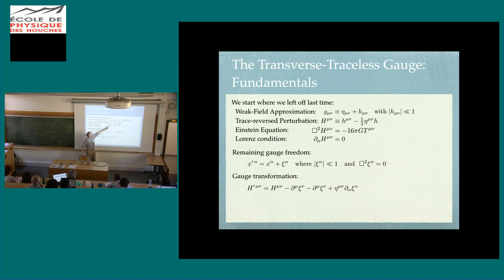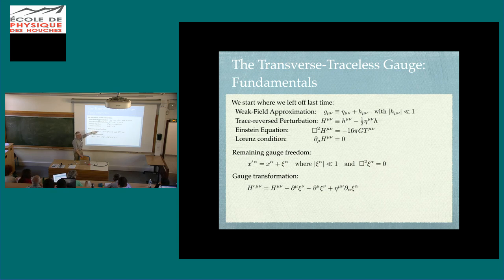Then the Einstein equation, as we saw last time, becomes this very simple equation. We're also going to apply the Lorentz condition, Lorenz without the T. Simultaneously solving these equations gives you the wave solutions.